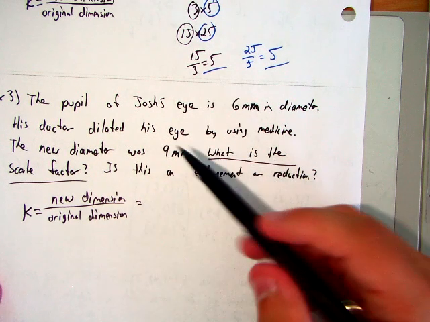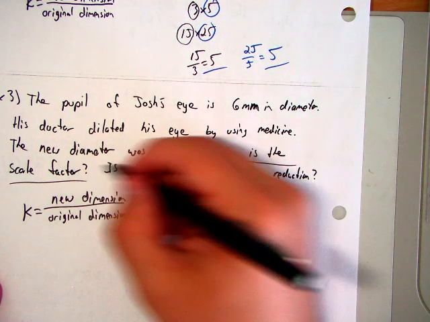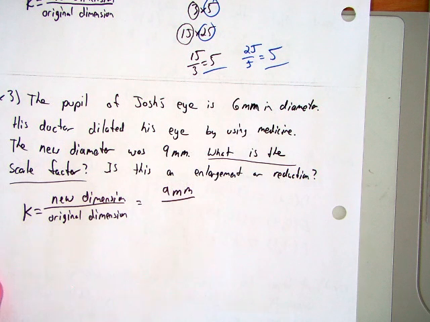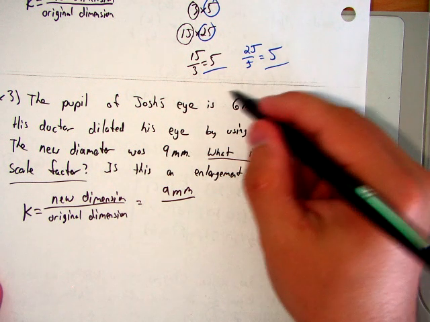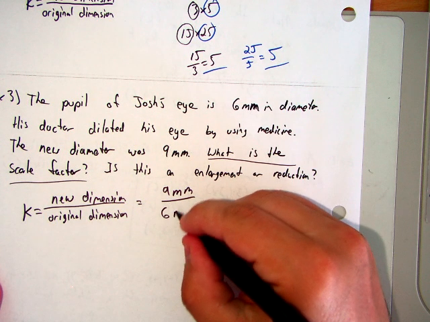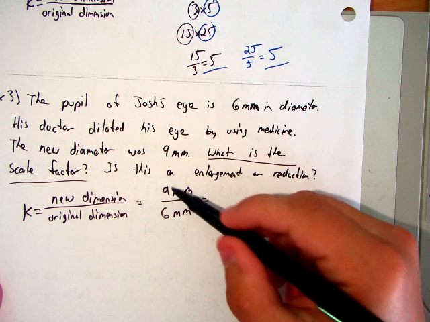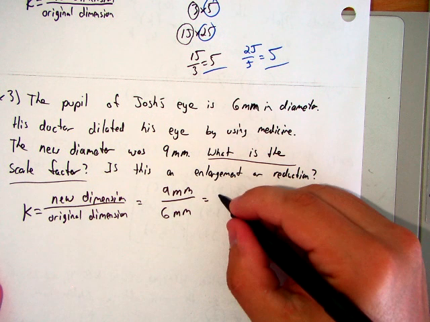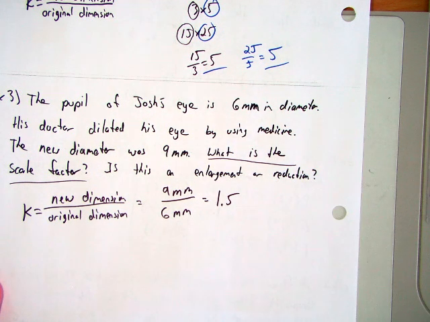So the problem says that the new diameter was 9 millimeters, which means that 9 millimeters will be in our numerator. It says that his eye diameter was 6 millimeters, so that is the original. Simplify this down, we get 9 divided by 6, which will get you 1.5.